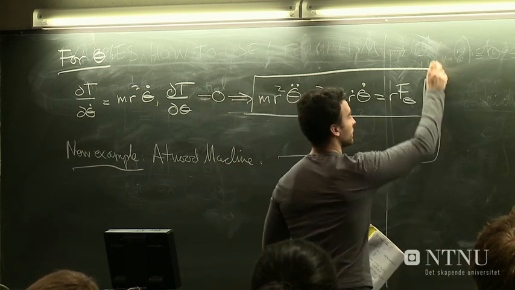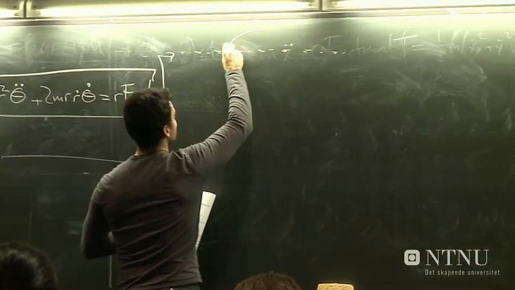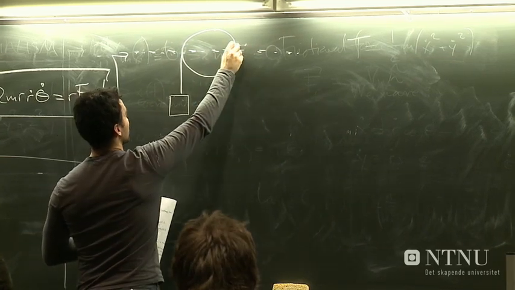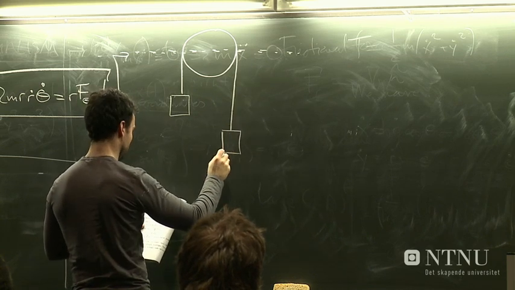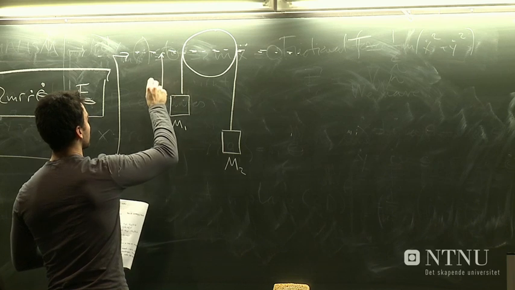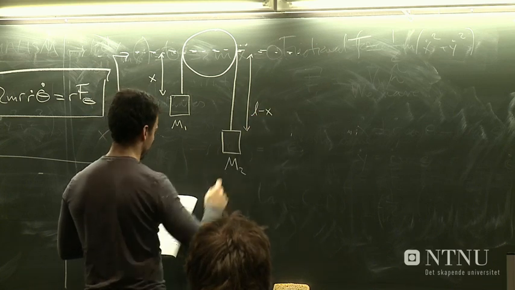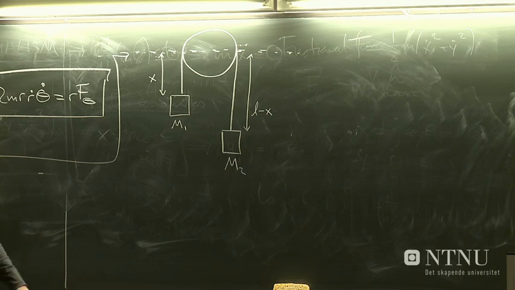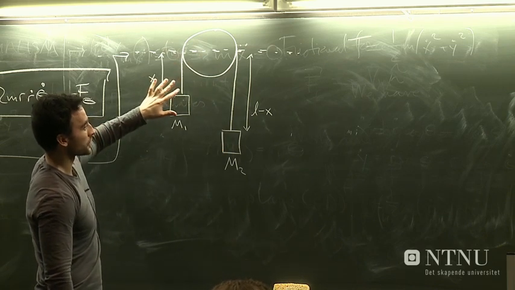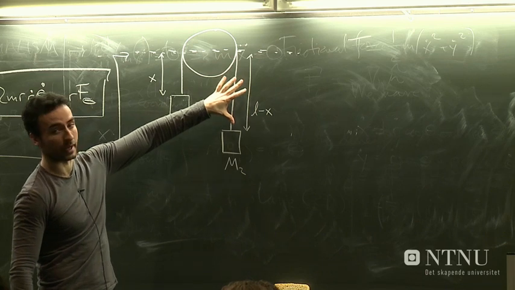So let me draw it here. So we have some device here where we have two masses attached to a string, and the total length of the string is L. So the distance here is x, and this distance is L minus x.